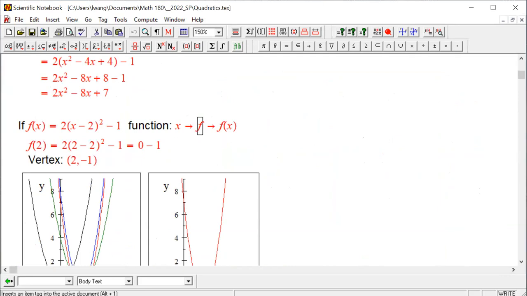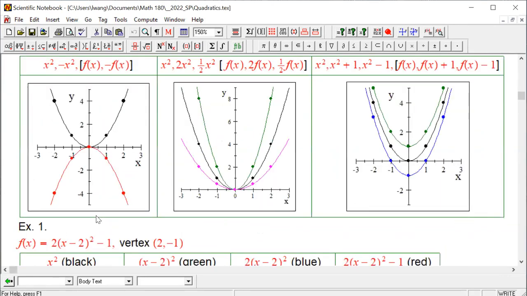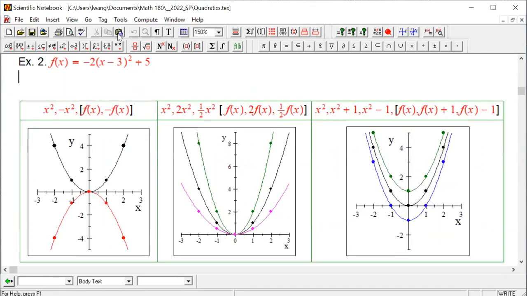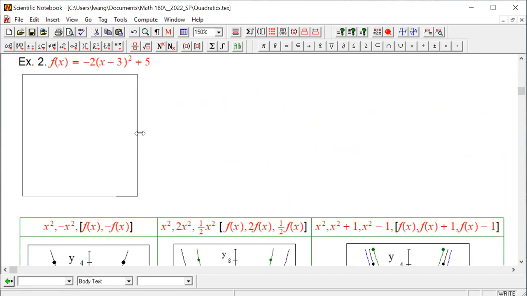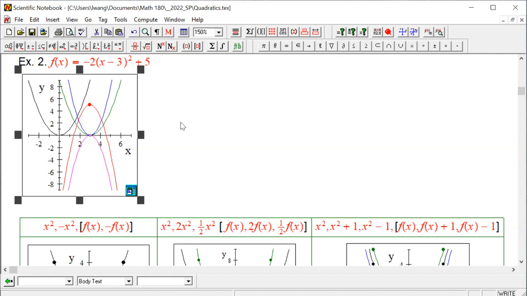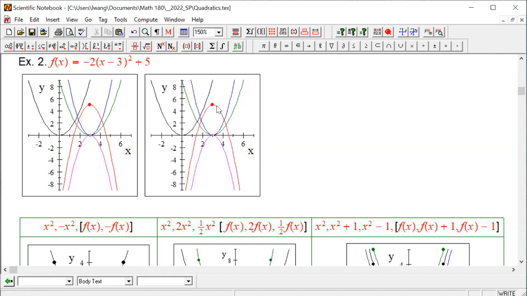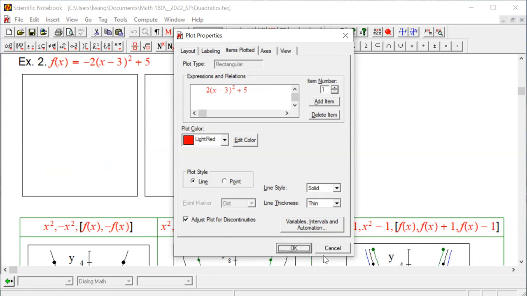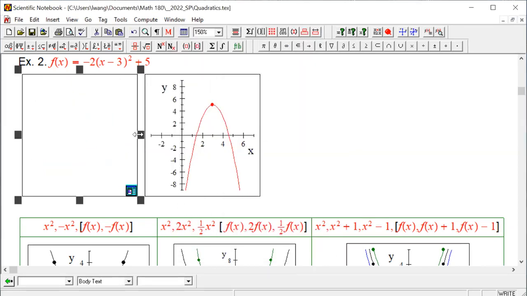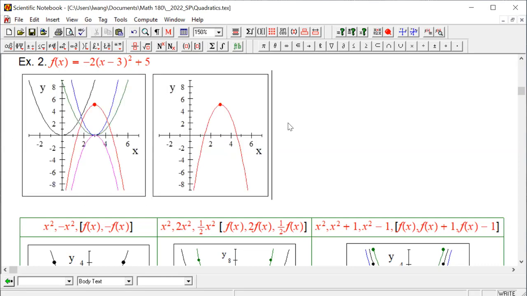So let's make an observation. We finally graphed the function. Let me clean it up a little bit and remove all of the rest, so only the red color is left.